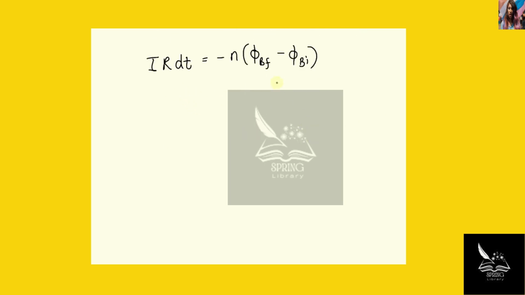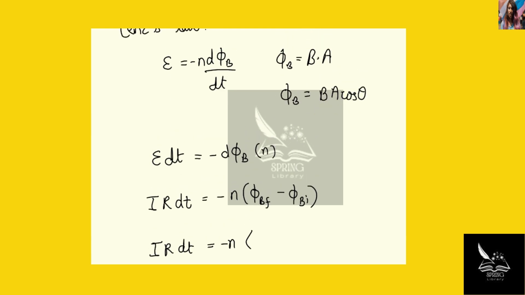Now we will integrate. First let us plug in the values. IR dt is equal to minus N times the final magnetic flux minus the initial flux. The final magnetic flux will be 0, because cos 90 is equal to 0.